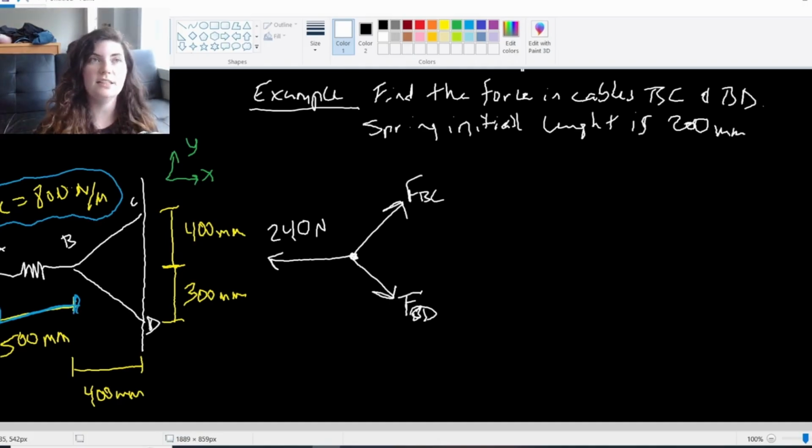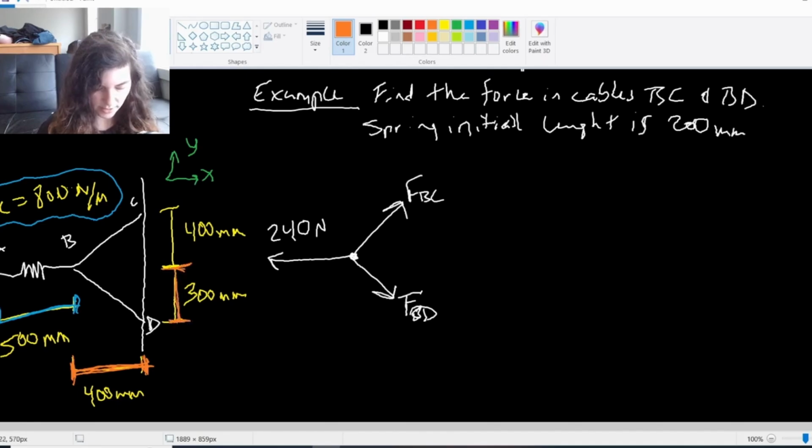Now again, it isn't giving me any angles, but instead is giving me distances that will allow me to determine the ratio relationships. So here I see for cable BD, I have 400 millimeters and 300 millimeters.